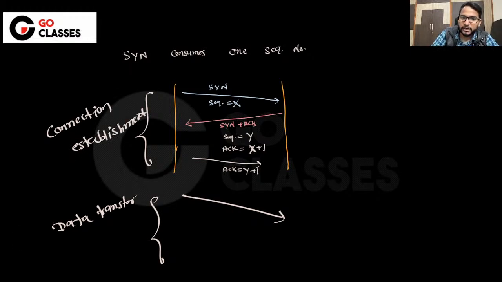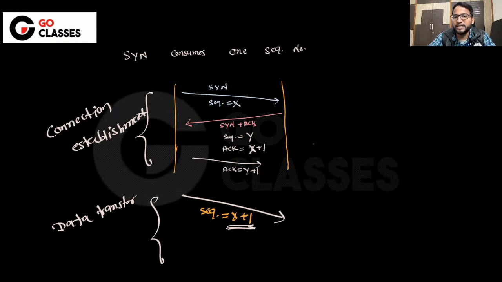Next time you send the data, the sequence number will be X plus 1 only, which means you have sent this ACK, but it is not consuming any sequence number. A vanilla ACK does not consume any sequence number. Here you are consuming one sequence number because next time you have to send the data with X plus 1; you cannot send with X. But here you are not consuming any sequence number. So basically ACK does not consume any sequence number.